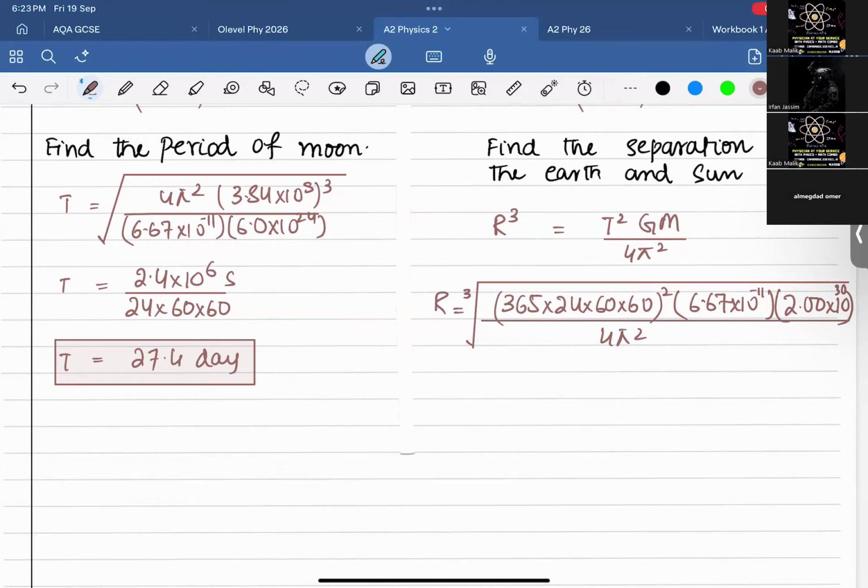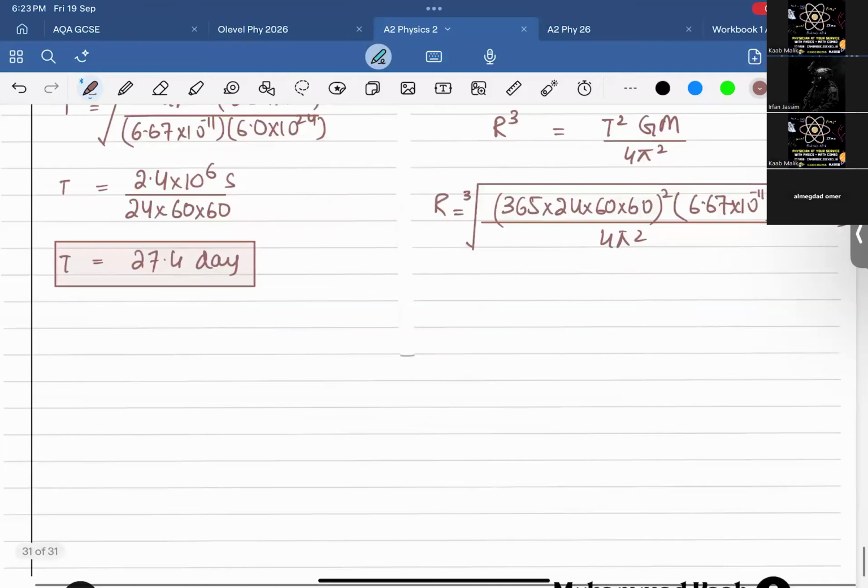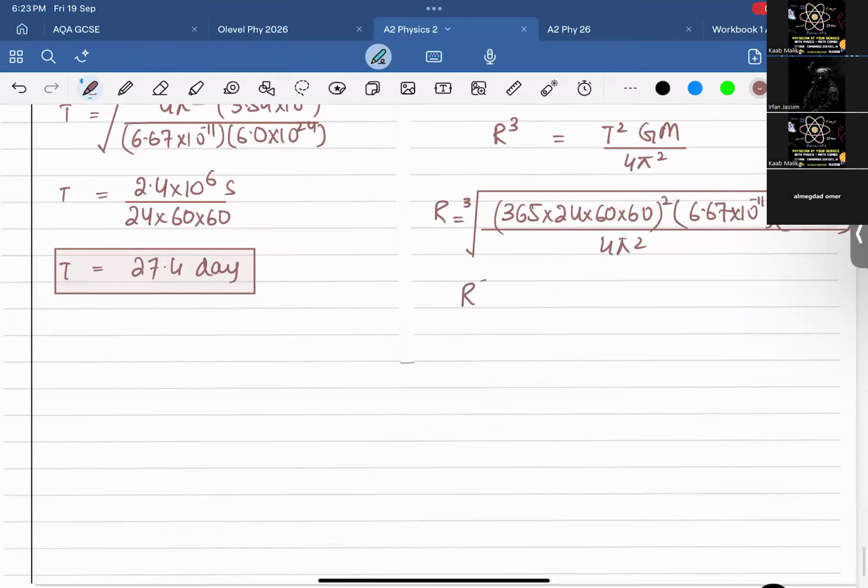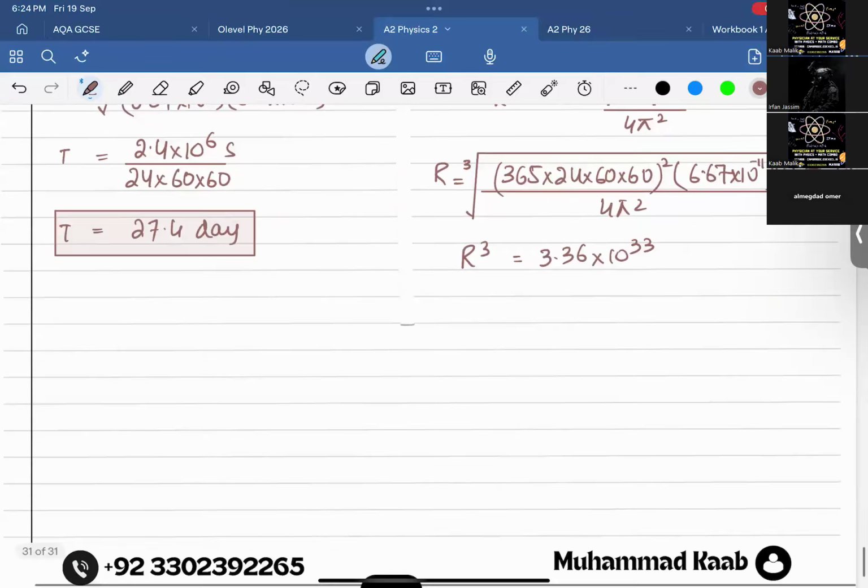We have to cube root it, not square root. So I am getting r cubed as 3.36 exponent 33, and if I cube root the answer, I'm getting 1.497.